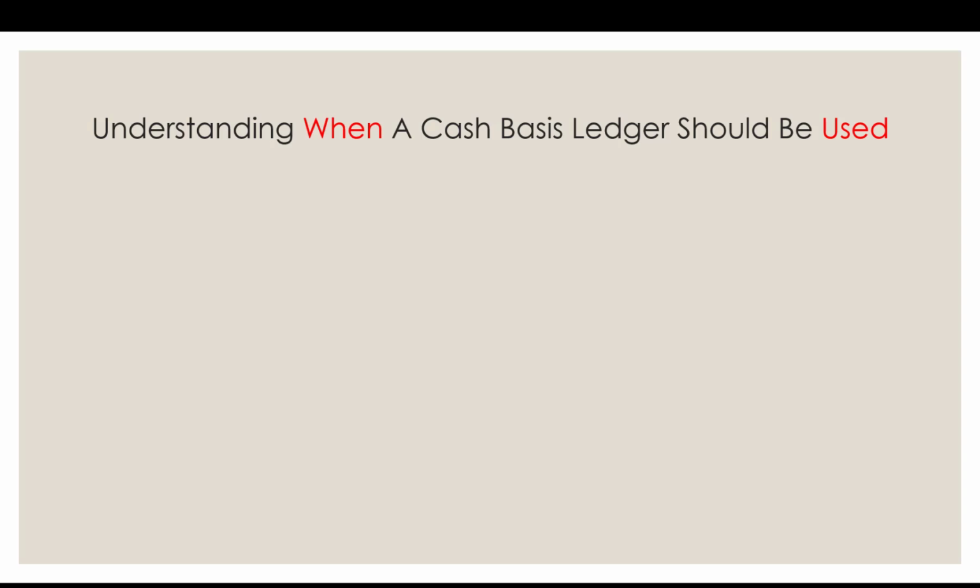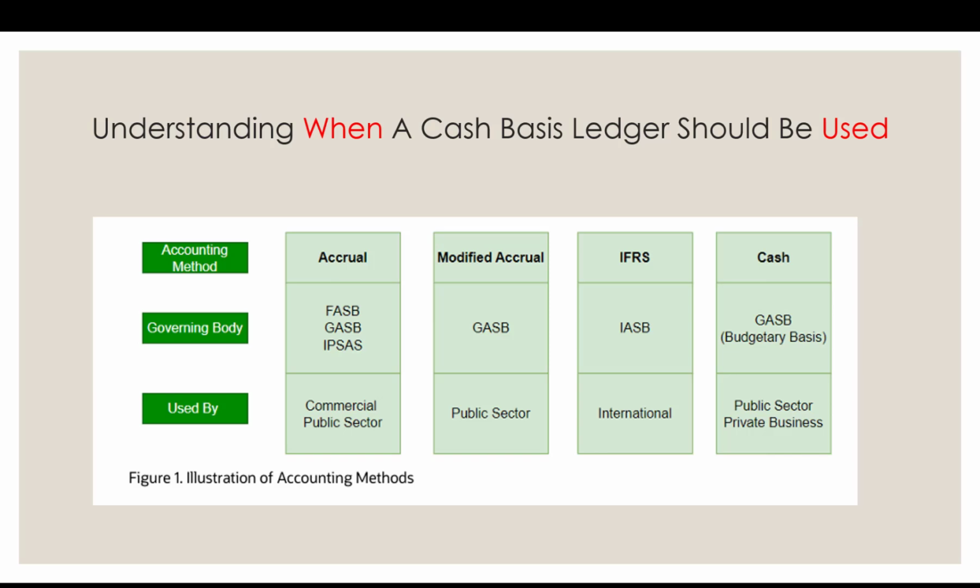Understanding when a cash basis ledger should be used. As we said before, organizations don't use cash basis as their main basis of accounting because it's not recognized as GAAP, a generally accepted accounting principle. Commercial entities governed by the Financial Accounting Standards Board (FASB) use the accrual method of accounting.